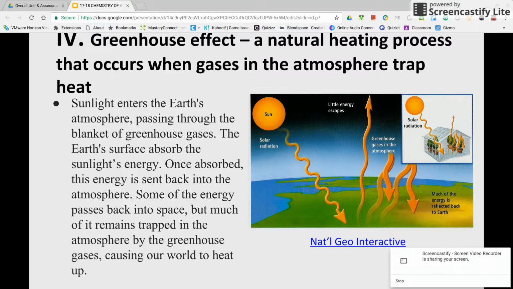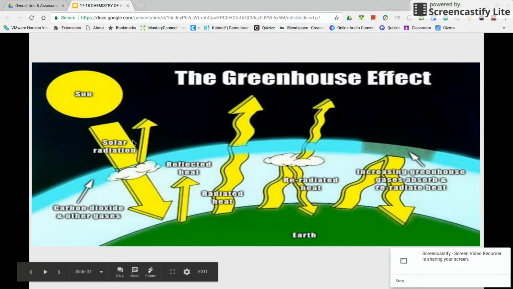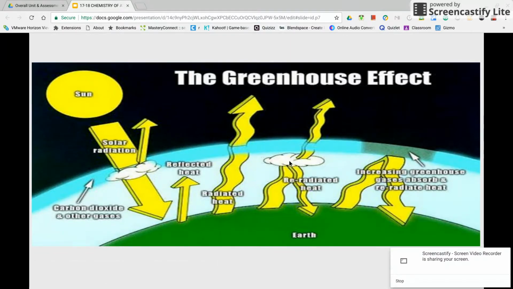If we didn't have that, Earth's surface would be much colder than we are experiencing right now, and life as we know it would not be at the comfortable temperature where we like it, that Goldilocks effect, not too hot, not too cold, just right. You can see here the solar radiation comes in. Some of it leaves to space, which is what we want, but some of it gets trapped by those greenhouse gases and radiated back to Earth.